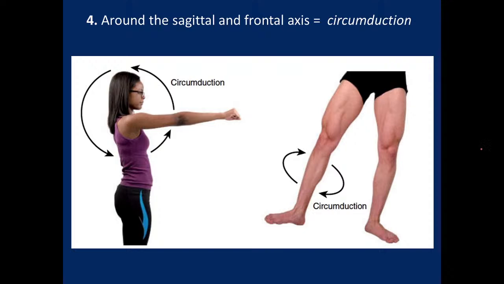The fourth kind of movement called circumduction is the movement when the limb shows the circle, like you take a brush in your hand and form a circle on some surface, on the wall, for example.